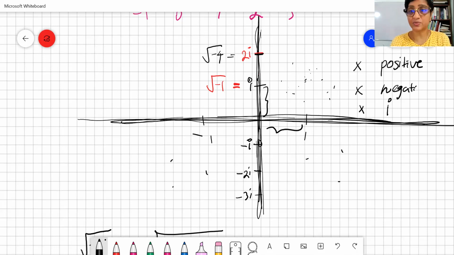Are there numbers here as well? Is there a number here? Yes. This gives rise to a whole new family of numbers. They are the whole universe. And all those numbers all together are what are called complex numbers.